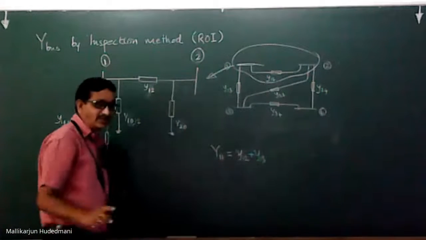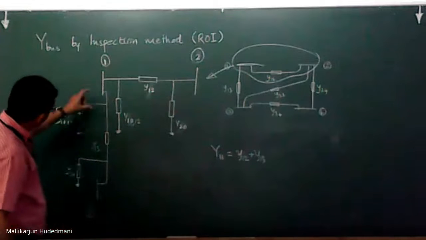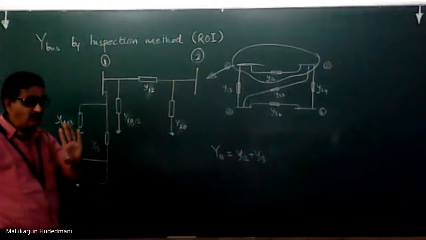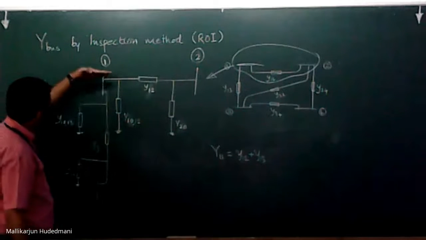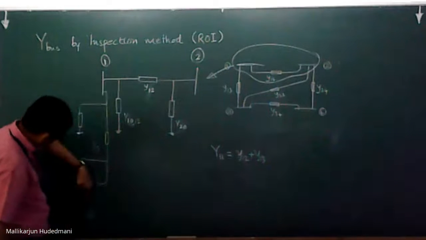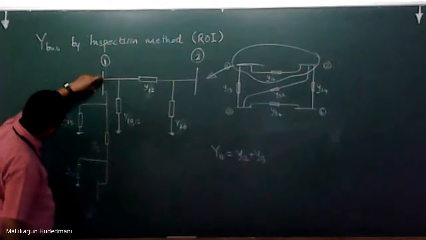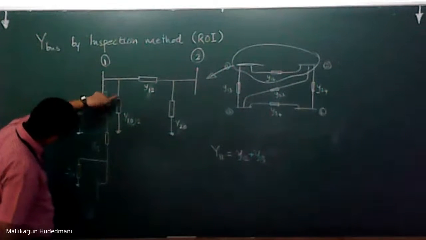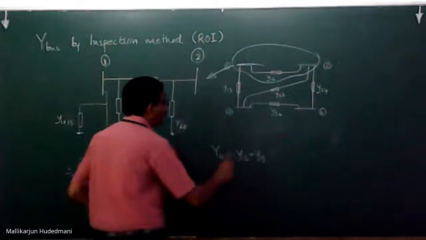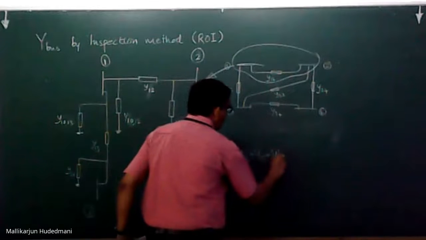So this was the work we did yesterday. Now, you at bus number 1. At bus 1, how many elements do you have? One is 1 to 2, straight to 2. 1 to 3, straight to 3. And no doubt there is another element from 1 to ground, y10,12. This also needs to be taken care of.